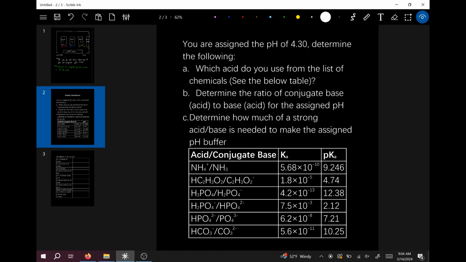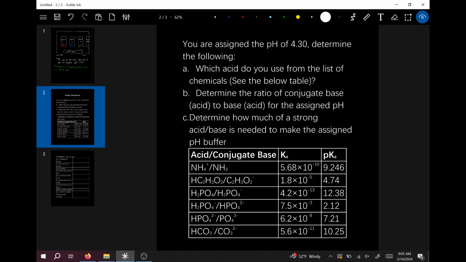We're trying to figure out the ratio of the log of B over A. Of course, we're going to get rid of the log. We just want the ratio of B over A. And then, once we know that ratio, we can determine how much of a strong acid or base I need to add to the buffer to force it to be the pH that has been assigned to me.